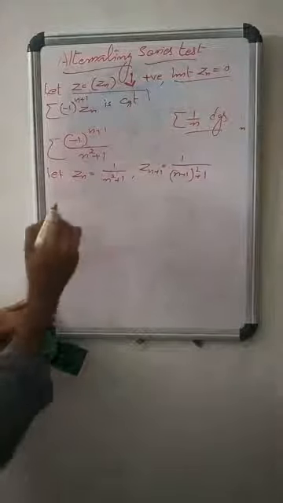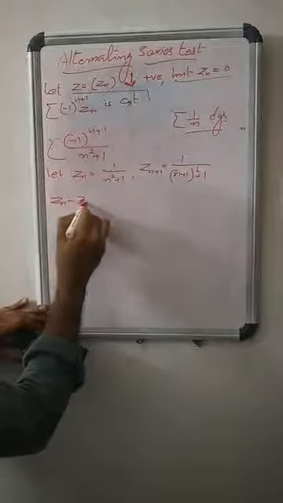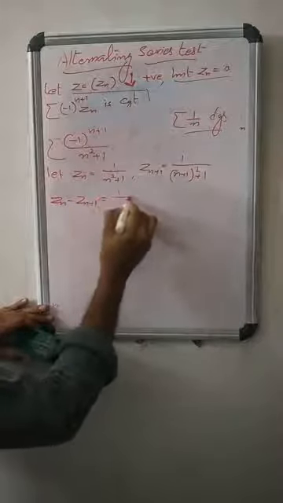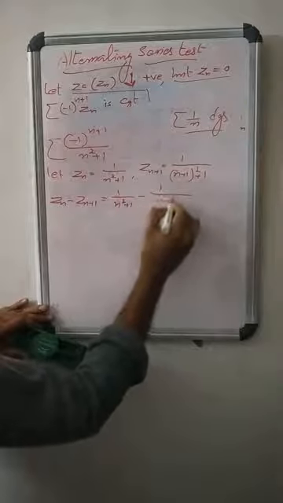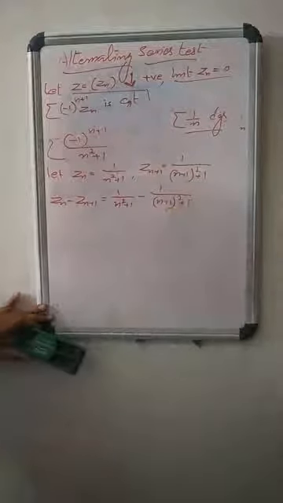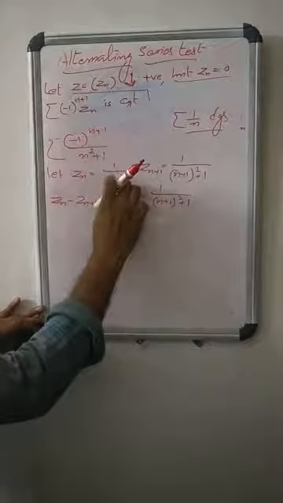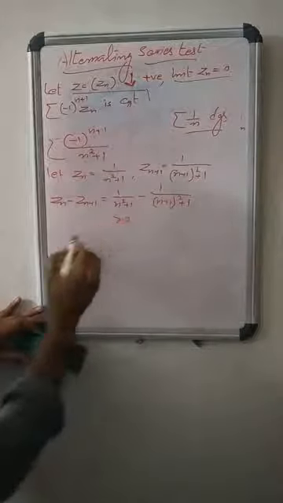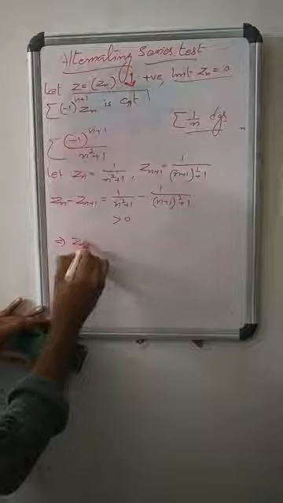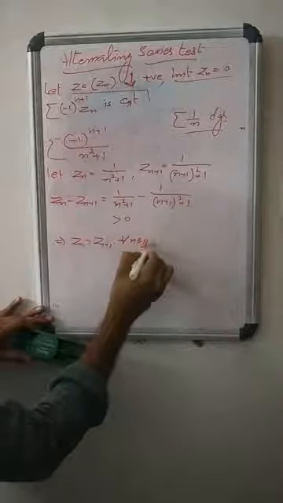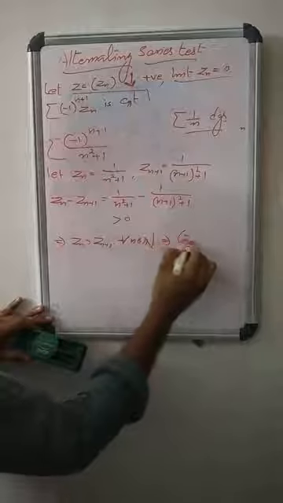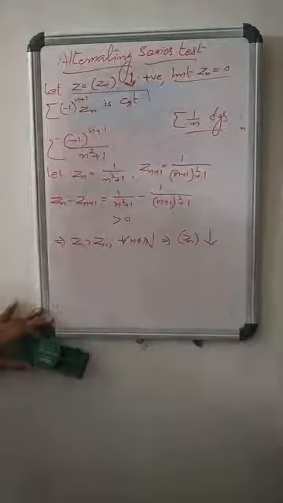So what about z_n minus z_{n+1}? It is 1 by n squared plus 1 minus 1 by (n plus 1) whole squared plus 1. The first is the greater quantity, so the difference is positive. That means z_n is greater than z_{n+1} for all n, which implies z_n is a decreasing sequence.